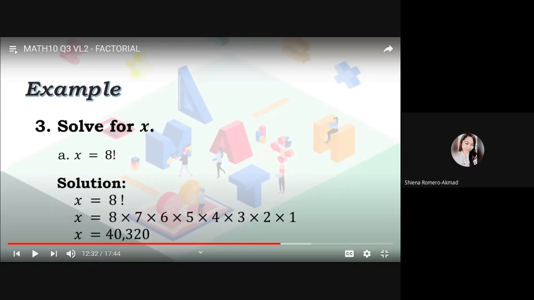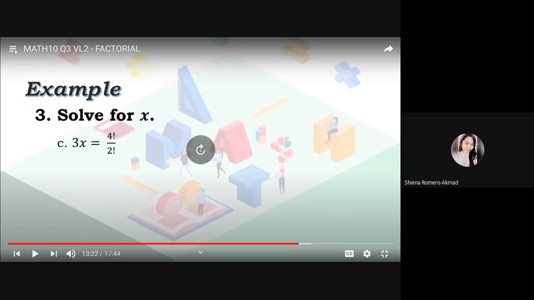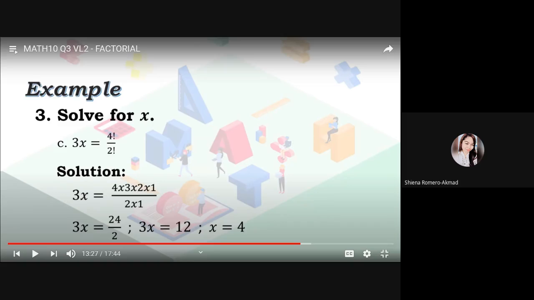We have letter A, 40,320. Letter B, transpose lang natin yung 3 factorial. It becomes negative 3 factorial. So that's 720 minus 6, 714. And ito, we have x is equal to.